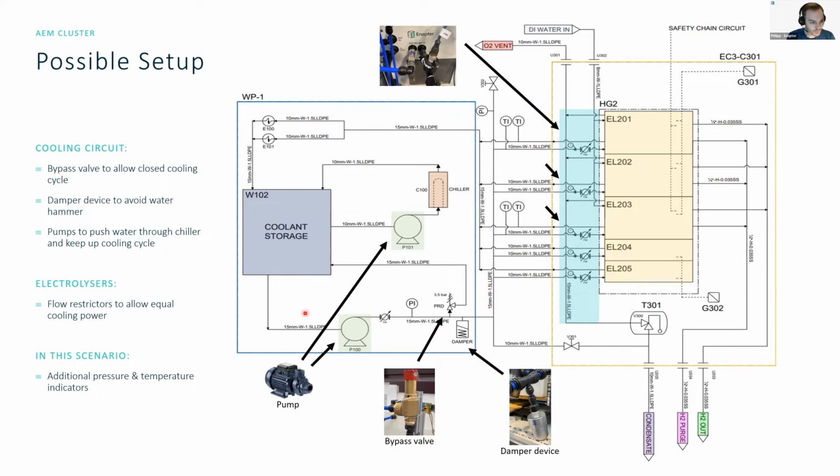That's very important. Of course, as I already said, you can put additional pressure or temperature indicators. Depending on your individual setup, you might need additional devices, but these were the ones that we used in our setup at least, and they are the basics.